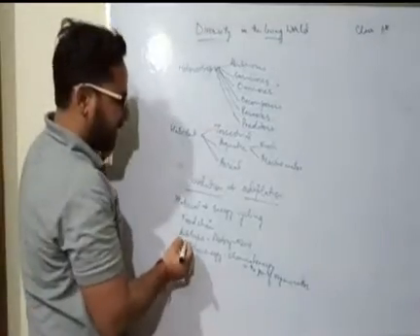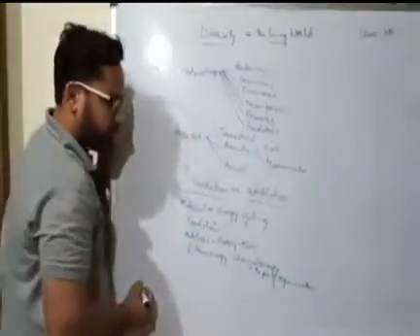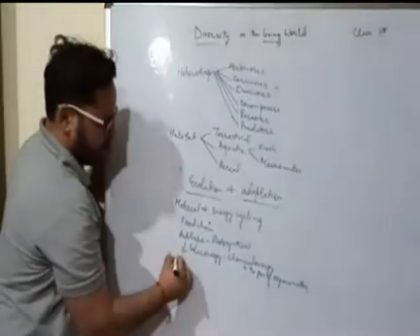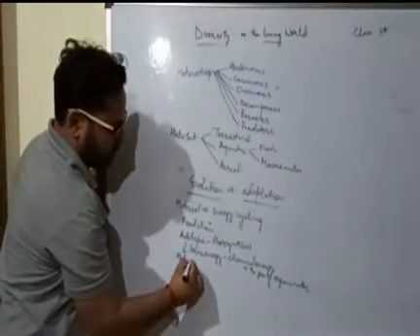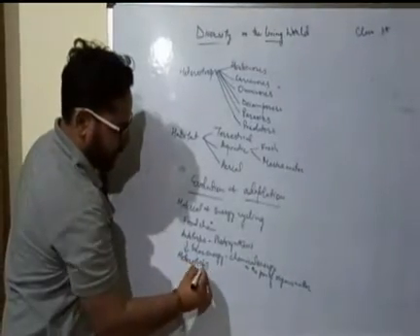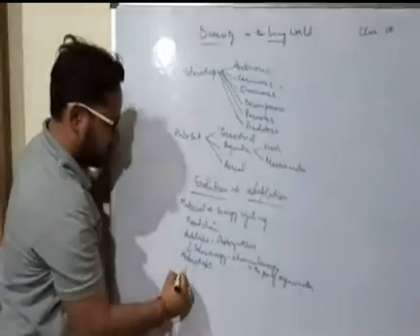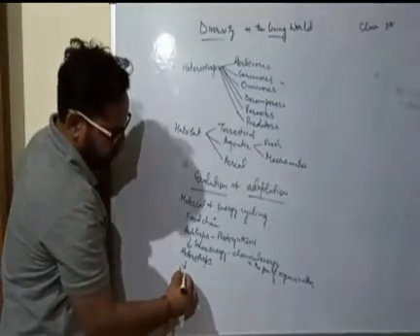This energy and matter inside the autotrophs is taken by heterotrophs, which in turn reaches the decomposers.